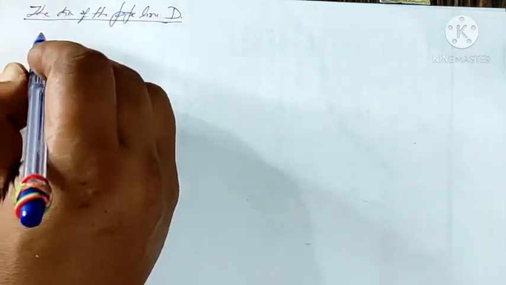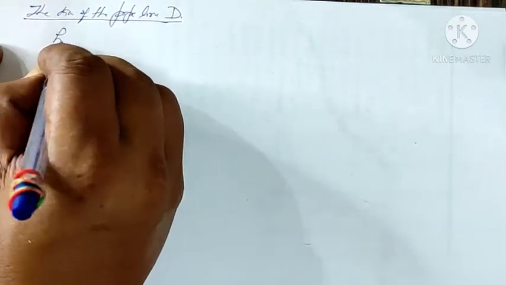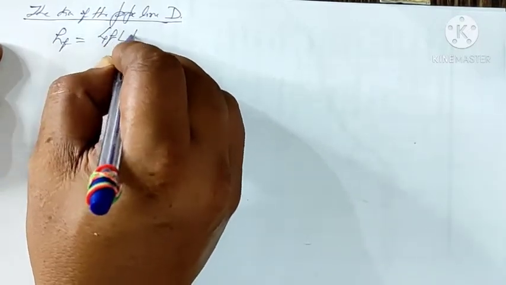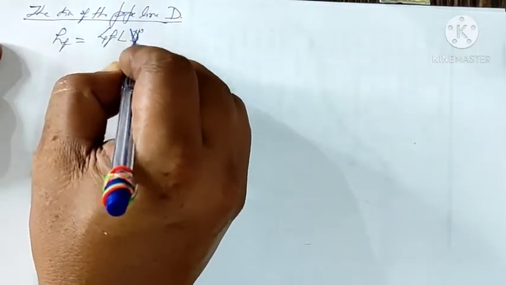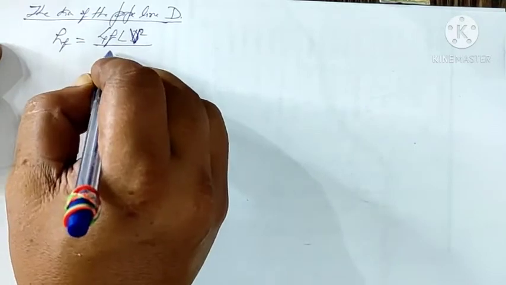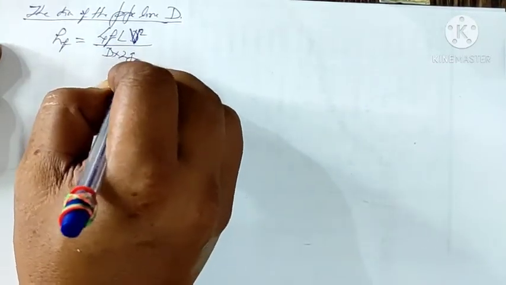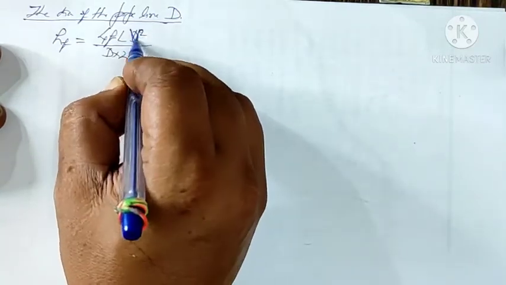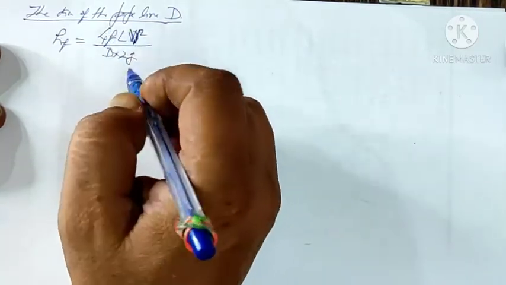So we know the head loss due to friction is given by the formula 4FLV² upon D into 2g, and velocity V is the velocity of the flow in the pipeline.